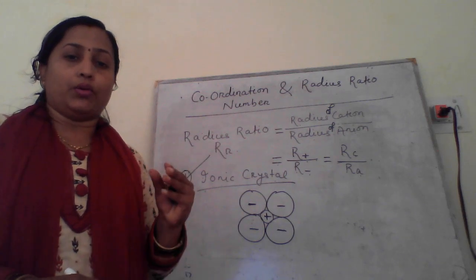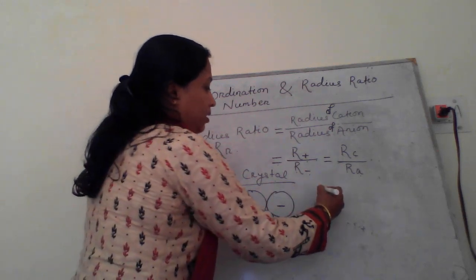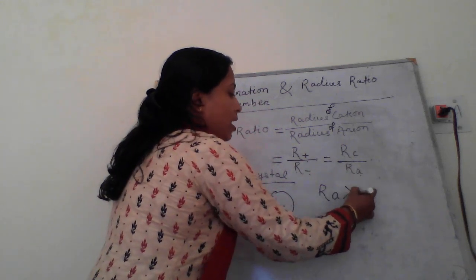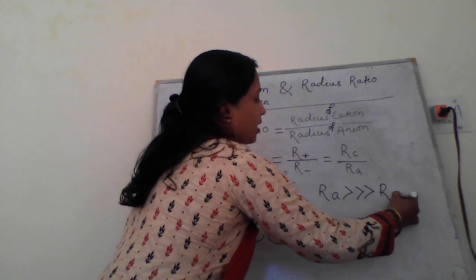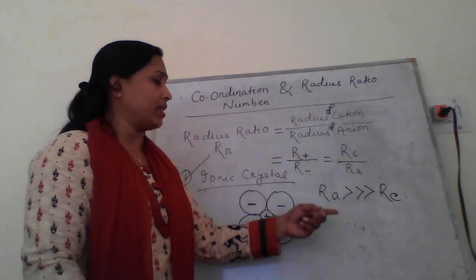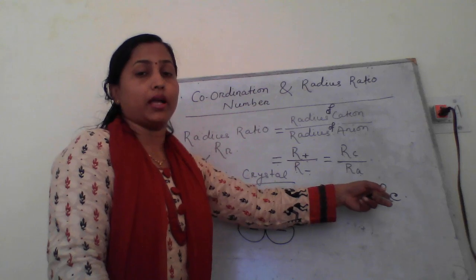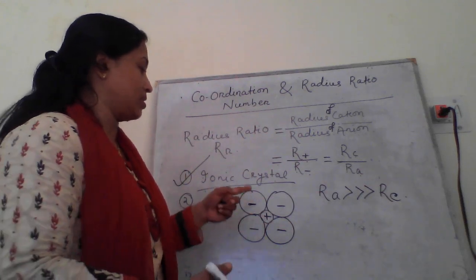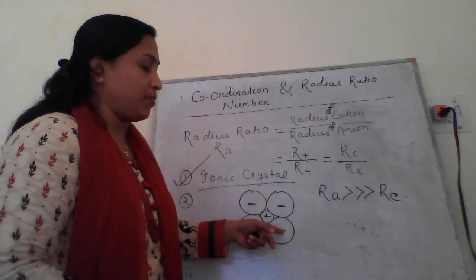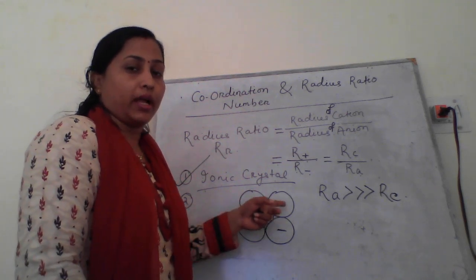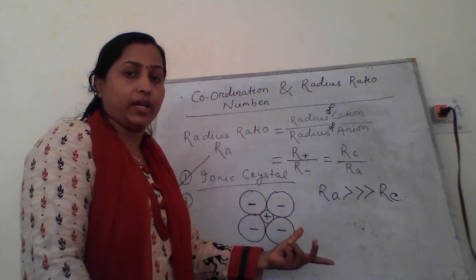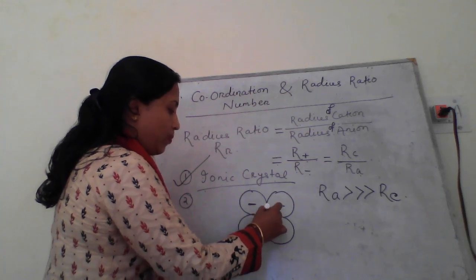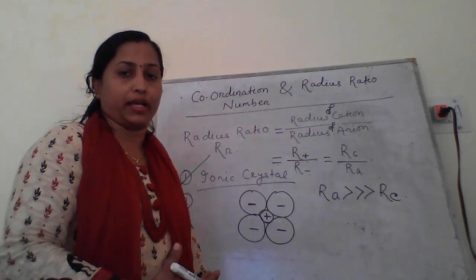Because the radius of anion is much greater than the radius of cation. So the anions form the close packed arrangement, while the cations occupy the void positions for better packing.